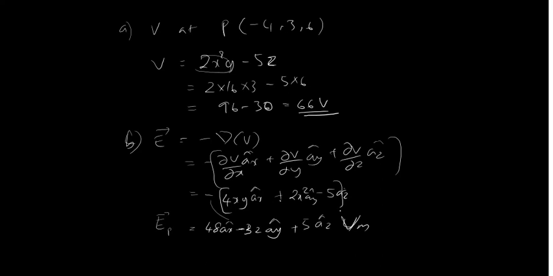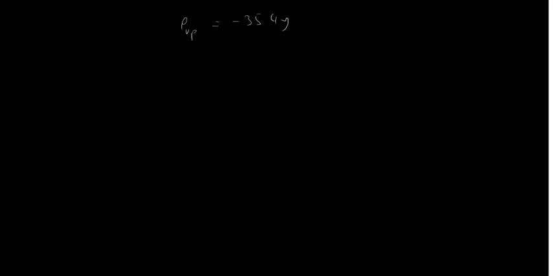Rho v at p will be minus 35.4 y, and you have to substitute the value of y. What is the value of y? y is 3. So that will be minus 35.4 into 3, that will be minus 106.2 picocoulomb per meter cube. This is the charge density, charge per unit volume.